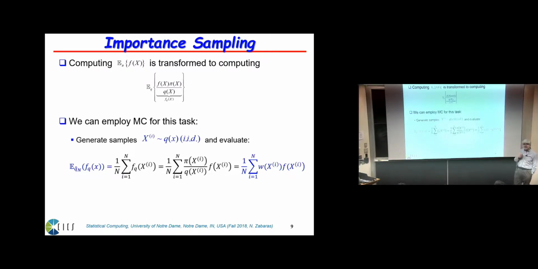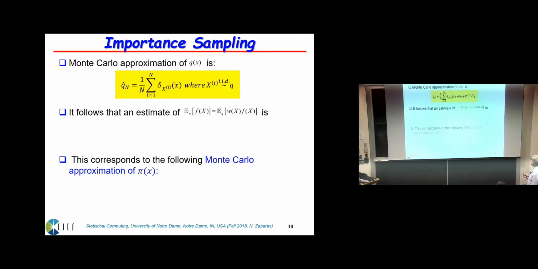The weights are needed to account for the fact that we don't take samples from the actual distribution, but from another arbitrary distribution, the proposal distribution q. So these w's are the magic element that allows us to do this. The weights are given by pi divided by q. Right now, I'm assuming everything is normalized, but we will see if there's any hope for this methodology to apply to non-normalized distributions.